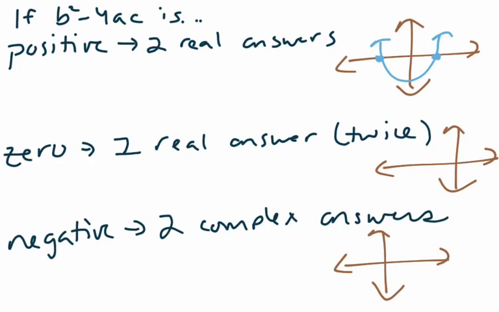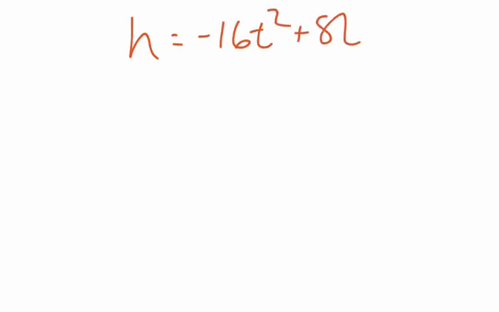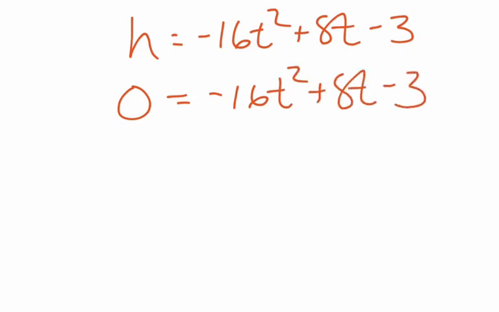If you think back to some of the applications we were doing, the task cards, we had stuff like h equals negative 16t squared plus 8t minus 3. And if you wanted to know when does it hit the ground, you would have the 0, and then you would solve the equation.